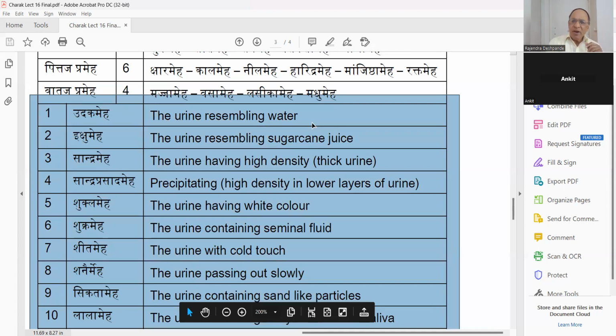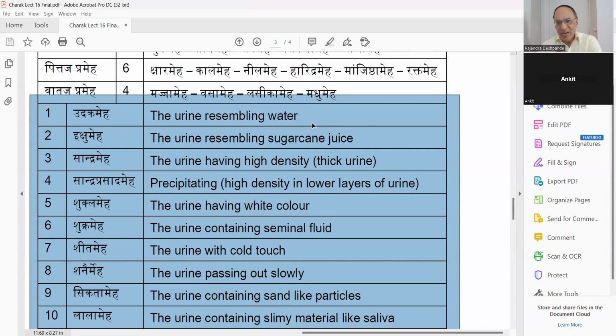So it can be compared with diabetes insipidus, where the specific gravity is fixed around 1.010. Okay, so that is Udakameha. Ikshu: the urine resembling sugarcane juice by appearance. Sandrameha: urine having high density, that is thick urine. Sandra Prasad: precipitating, that is high density in the lower layer of the urine.